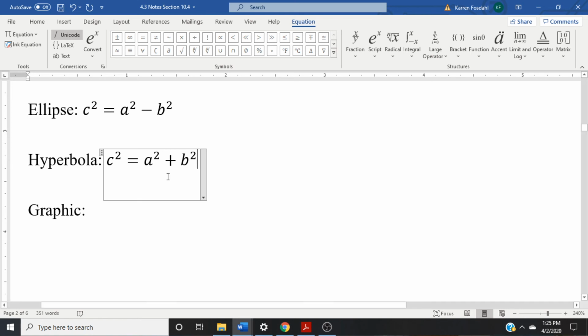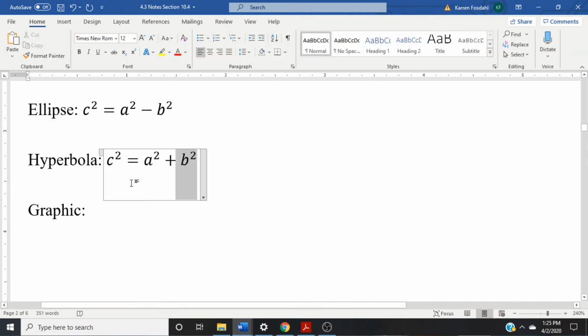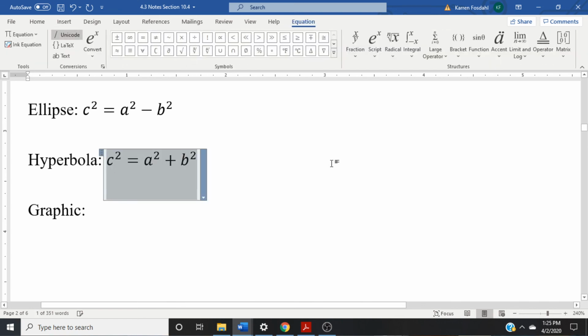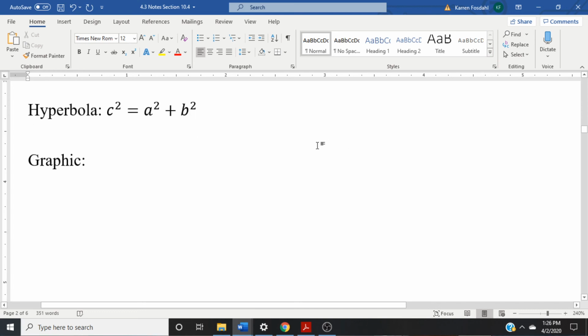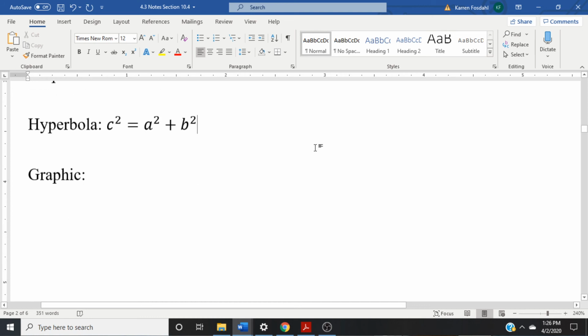And sorry, just double checking so I don't lead you guys the wrong direction. Okay, so hyperbola is going to involve right triangles. Exactly the case. Now, is it the triangles you're used to? No. Okay, so we're going to look at a graphic.